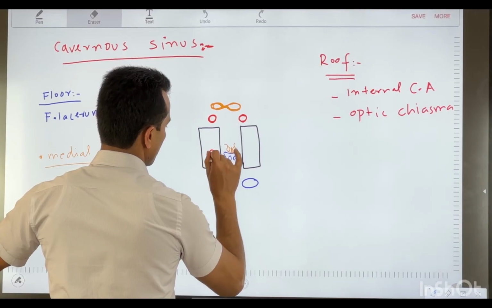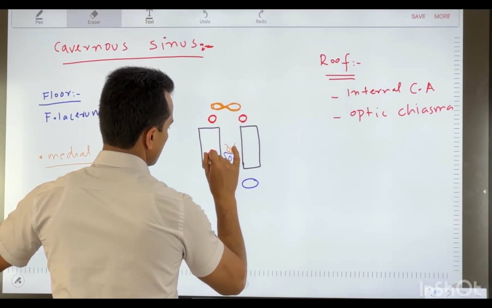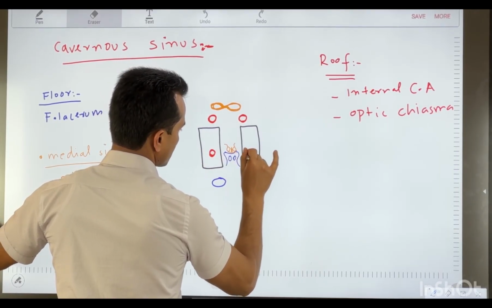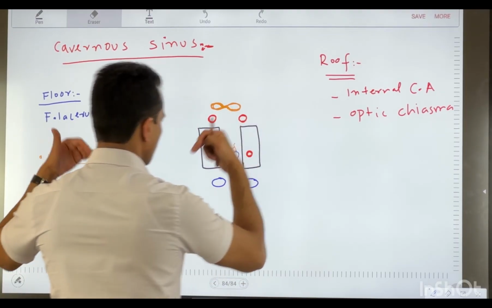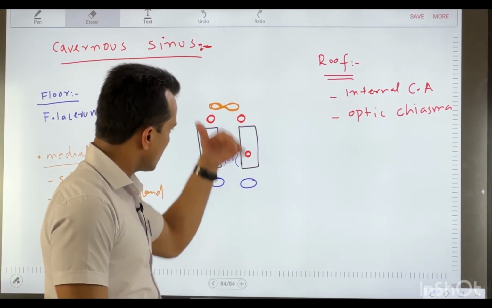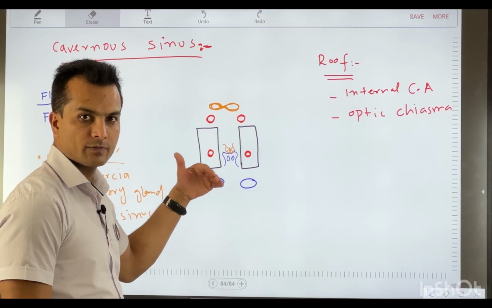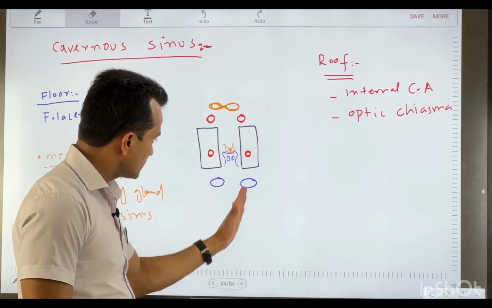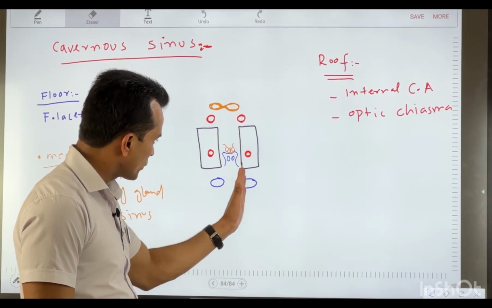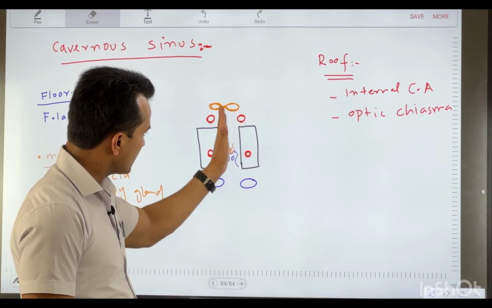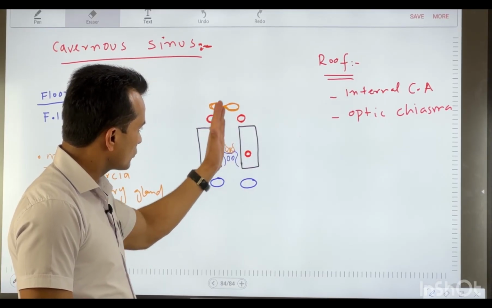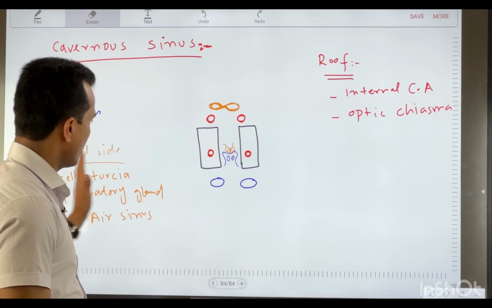Look, it is passing through the cavernous sinus. And then it's coming on the roof also. So first it enters the skull with the help of the foramen lacerum, then through the cavernous sinus it's now coming to the roof of the cavernous sinus.